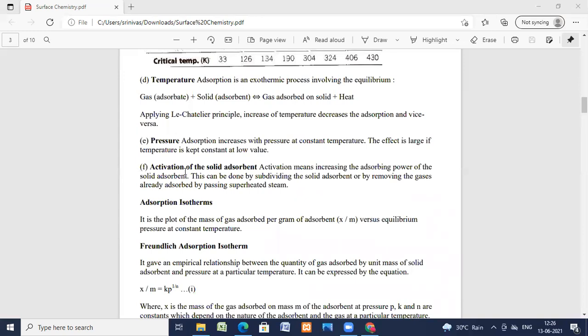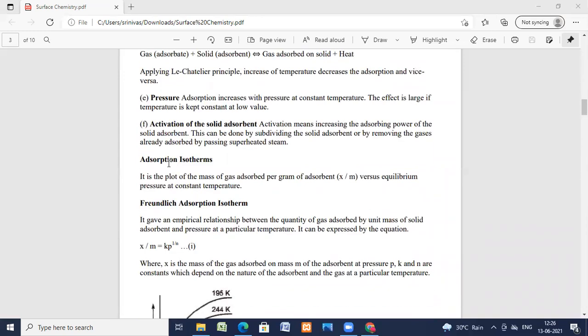Okay, now we'll see the adsorption isotherms. What is an adsorption isotherm? The quantity of a gas adsorbed by a given amount of adsorbent depends upon the temperature and pressure.